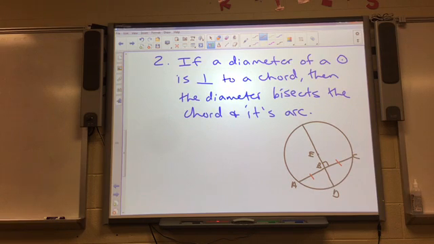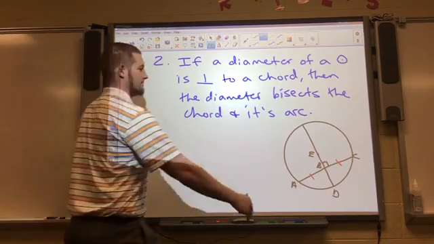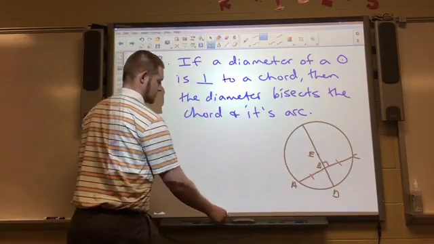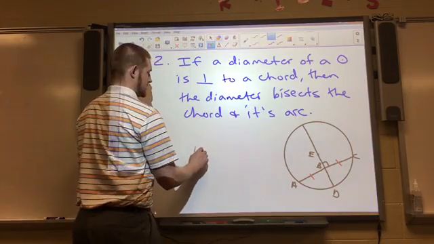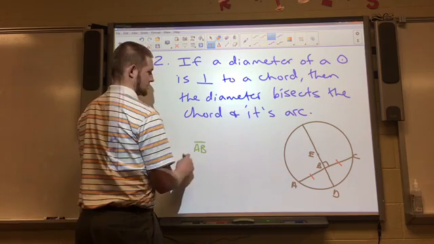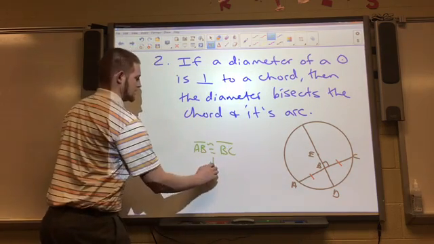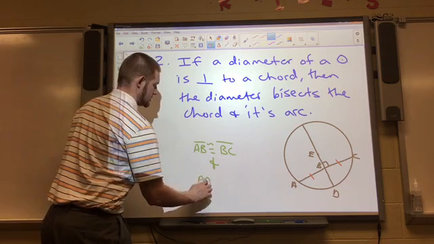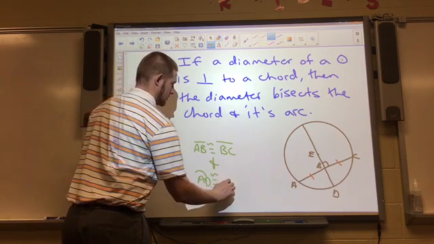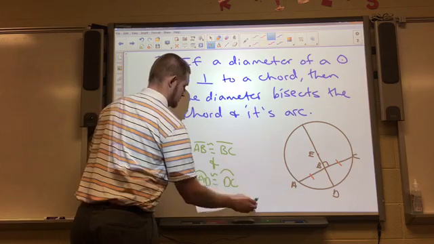And the arc, right? Also bisects the arc. Okay, so if this is true, if I have a diameter that's perpendicular to a chord, then segment AB is congruent to segment BC, and arc AD is congruent to arc DC.